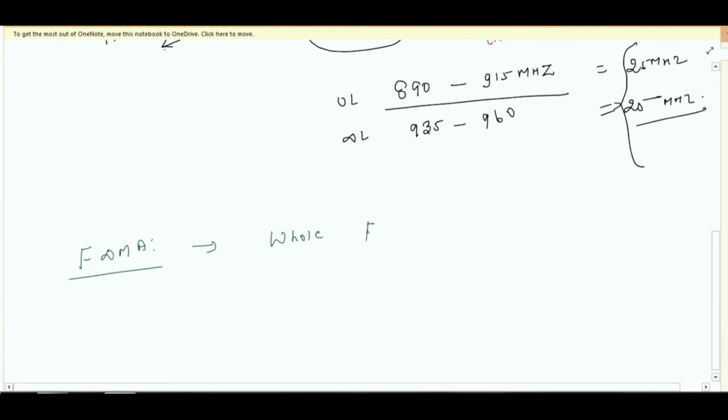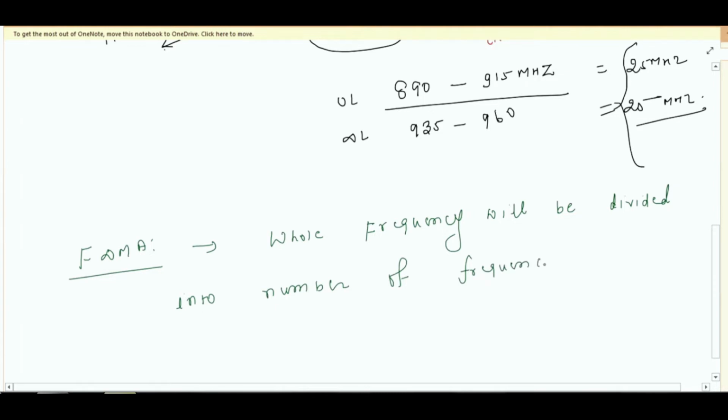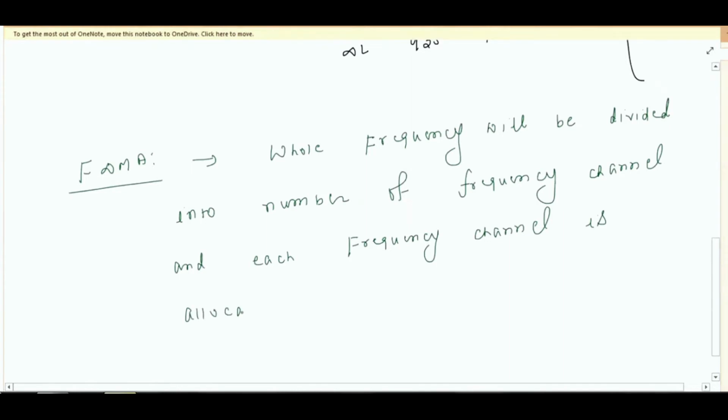Whole frequency will be divided into number of frequency channels, and each frequency channel is allocated to a single user.